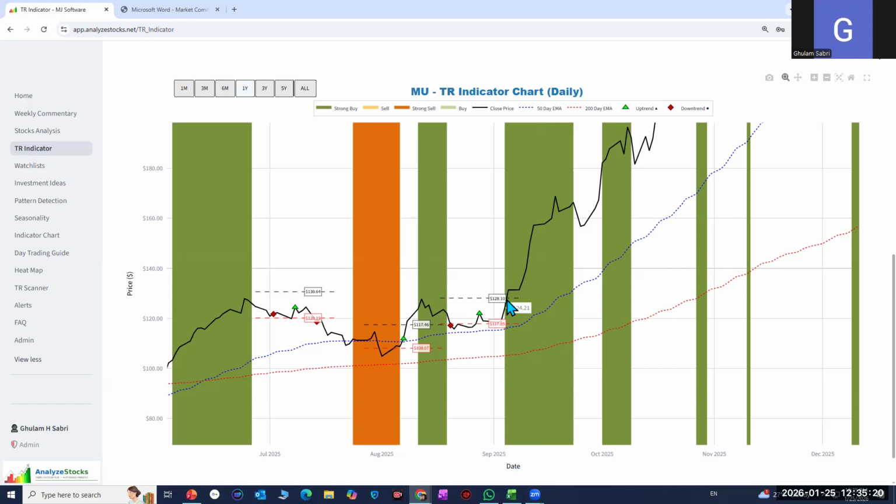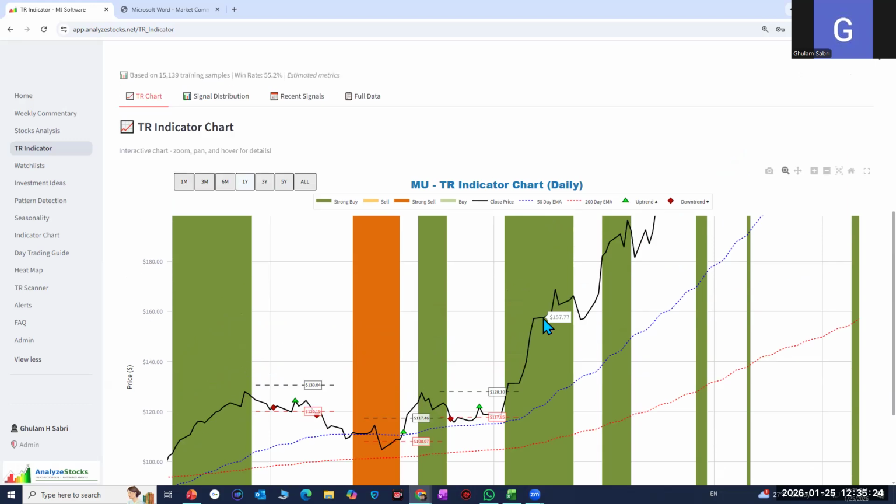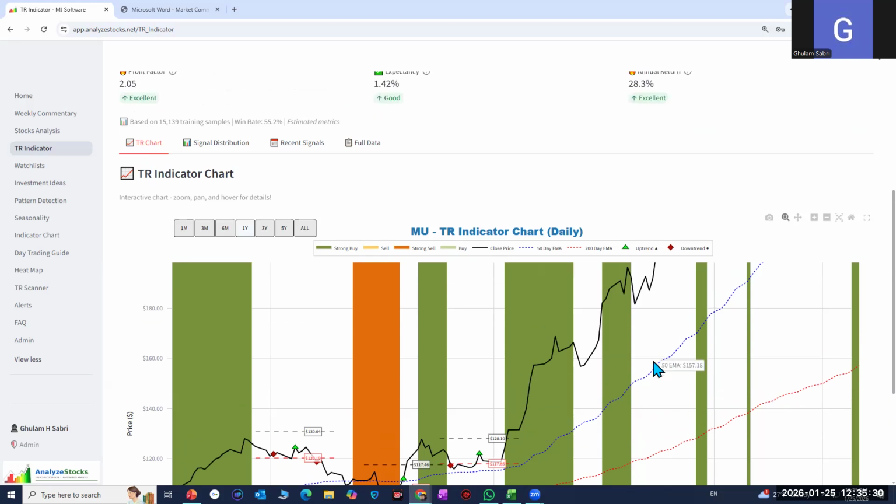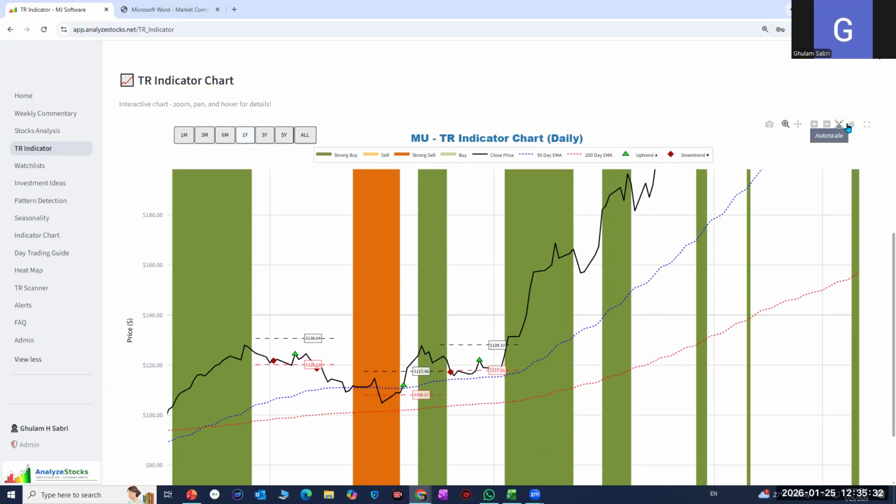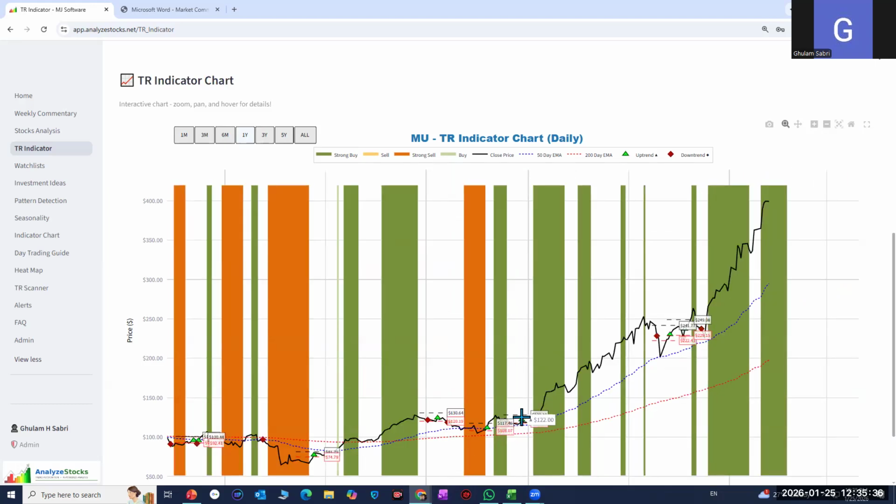So assume we just made an entry here at 128.1. When it touches this buy zone and the green zone appears, that is the third stage of the TR indicator. See what happened since then: 128.1 right now is up 300-something percent.